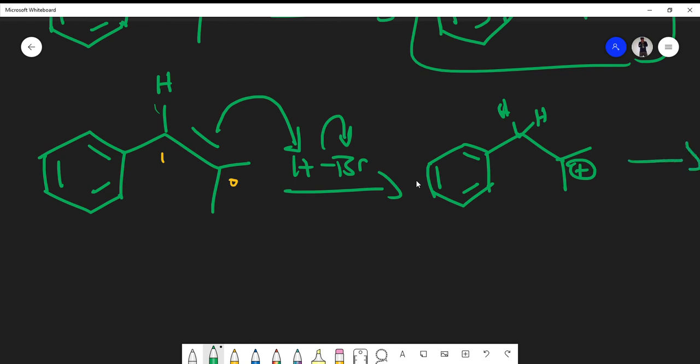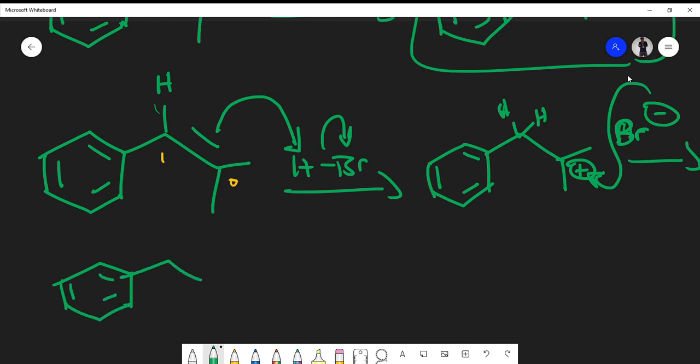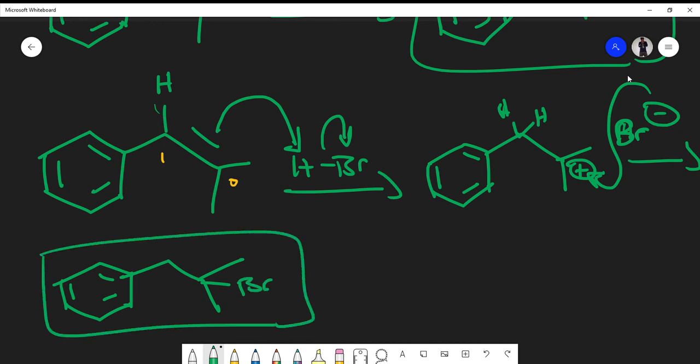And the second step of the reaction, the bromine that we form that is now negatively charged is going to simply attack the carbocation, and we get our anticipated product that we spoke of initially. So this, my friends, is the reaction of what we call hydrohalogenation.